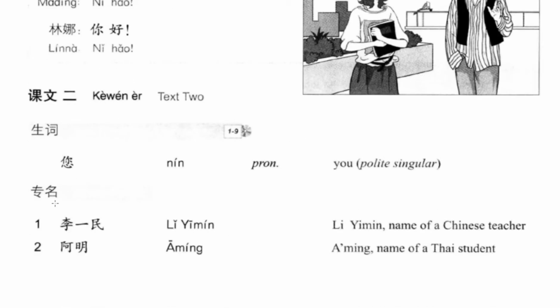Okay. The next names again. I just pronounce in Chinese and don't translate it, okay? 李一民, 阿明.